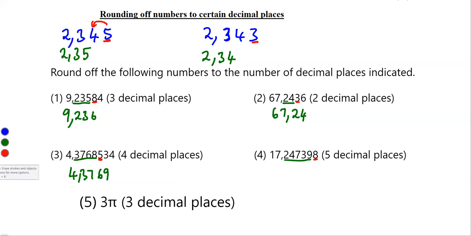Now, what happens now? It's going to be 17,247. Now, once we have a 10 here, it will add 1 here, which is going to give us 4, and it's going to give us 40.